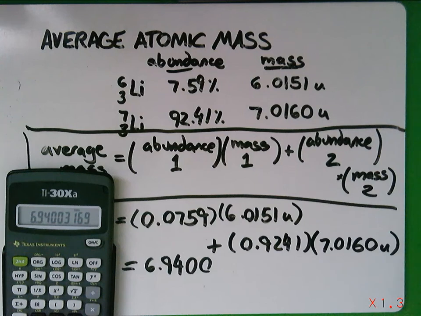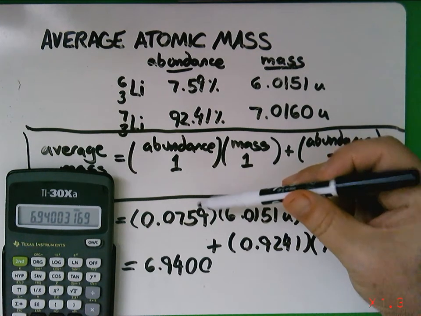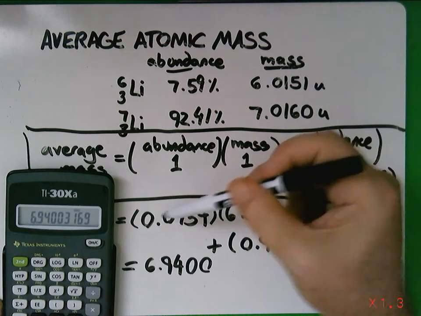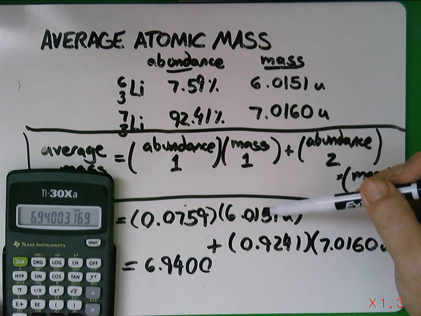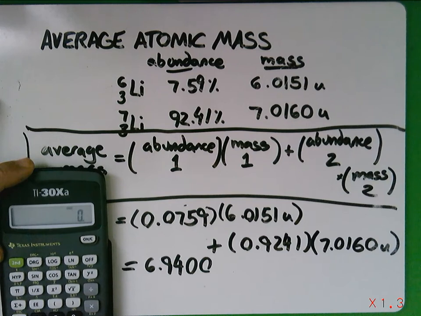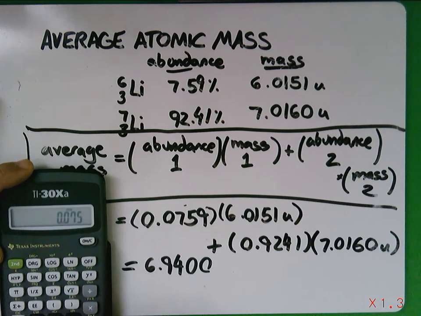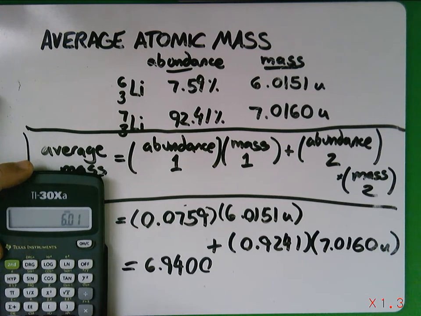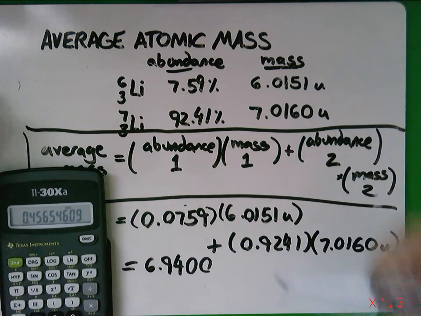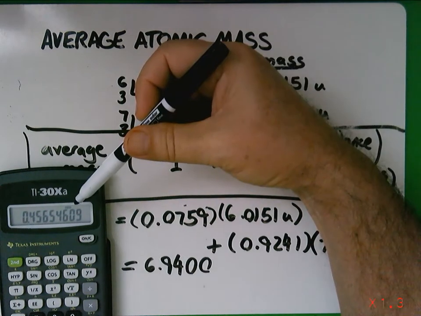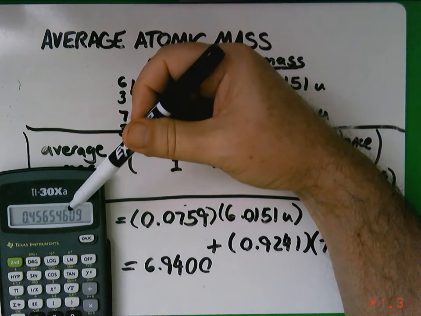Now, how many significant digits should I have? Well, if I look at this first one, there's 3 significant digits times something with 5. So this product is going to have 3 significant digits. What was it again? Let's take a look. So when I did this product, this times this, I get 0.4565 whatever.